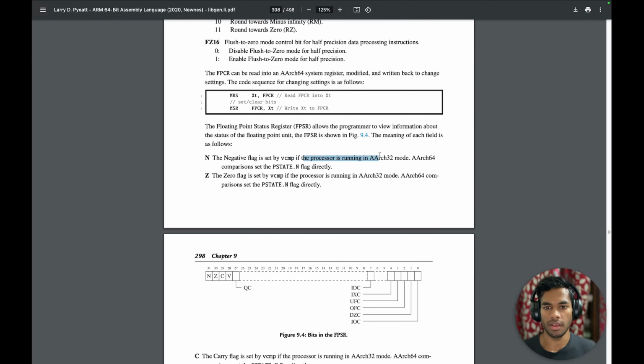in AArch32 mode. AArch64 comparisons set the PSTATE.N flag directly.